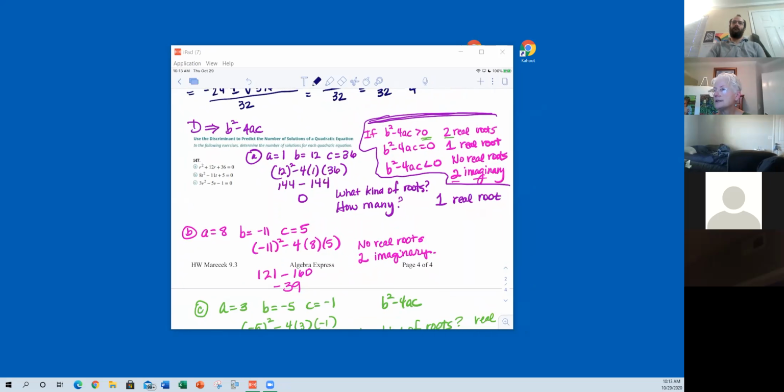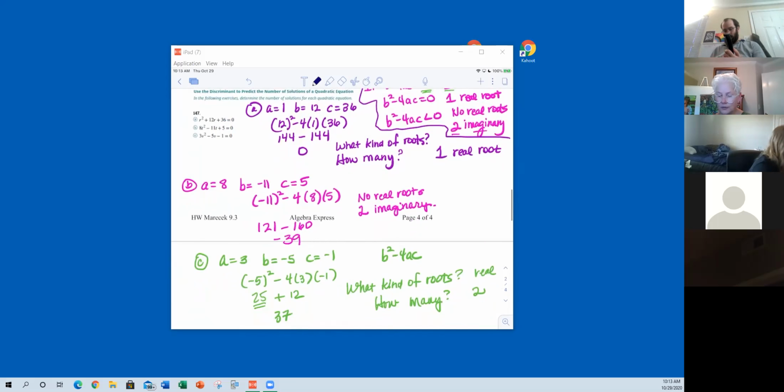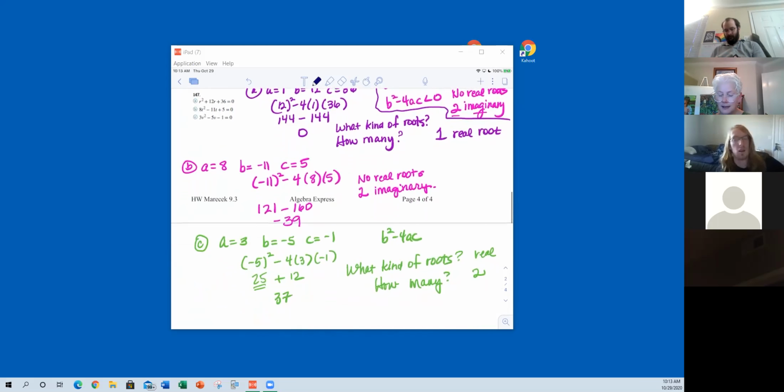So when my group did these for a, we wound up with the discriminant equaling 0. And so that means that there will be 1 real root. And for b, we wound up with the discriminant being -39.